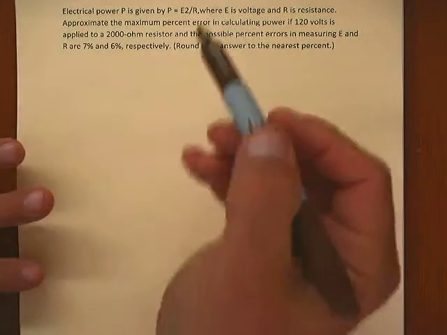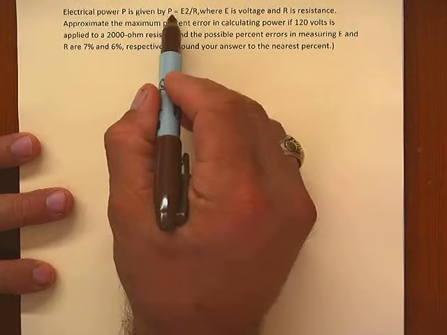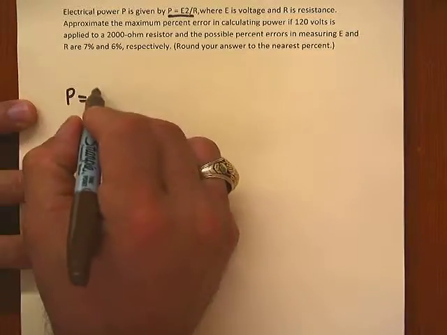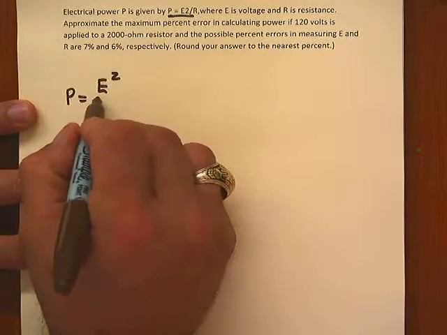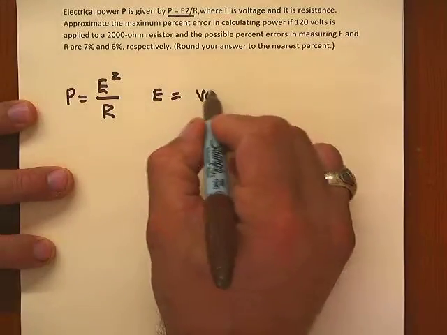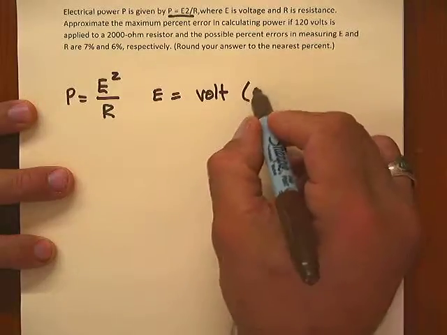Okay, this question comes from Calculus 3, and it is an error question in which we're dealing with 120 volts with a 2000 ohm resistor, and of course you are given that P is equal to E squared over R, where E is equal to the voltage, which in this case is 120.